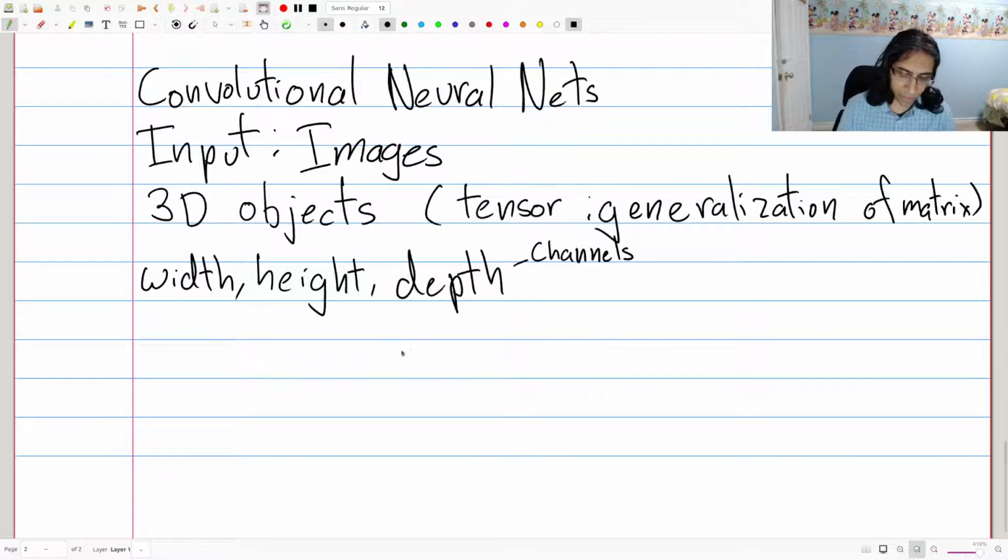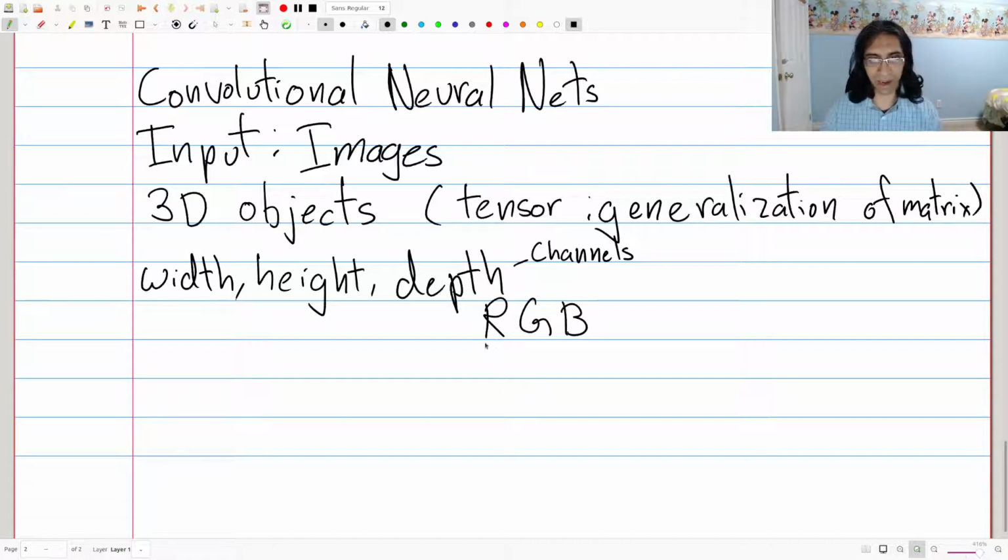Well, most images are represented as 3 pictures. Any color picture is generally represented as one which is red, one which is green, and one which is blue. When you stack them on top of each other, that looks like a regular color image. So most images have 3 channels, R, G, and B.